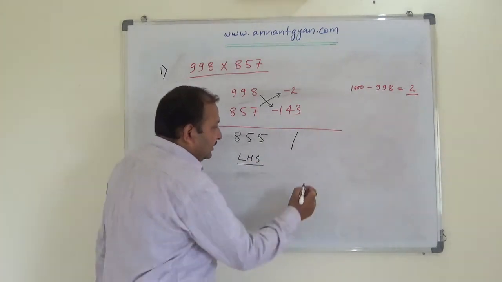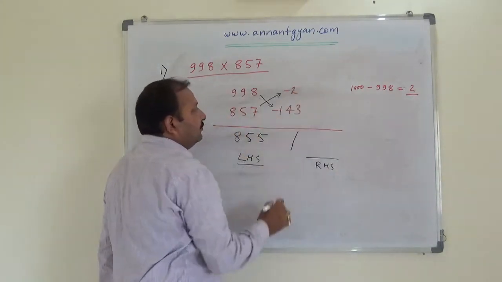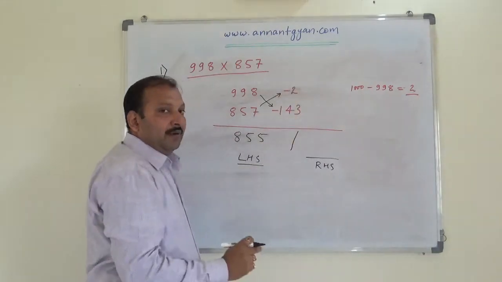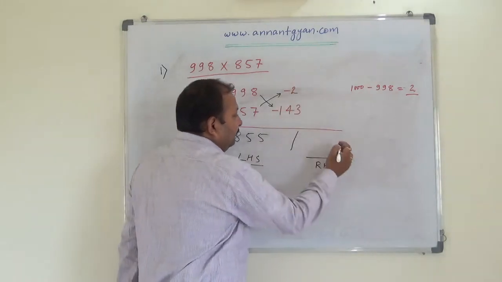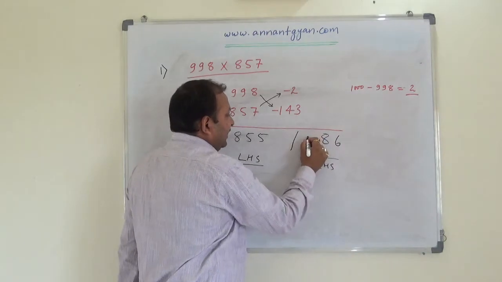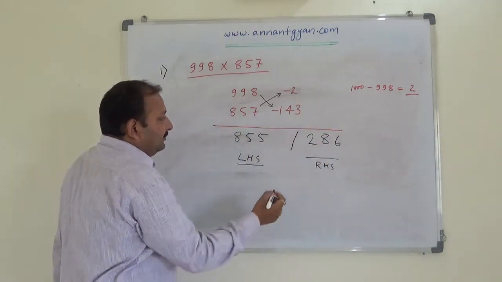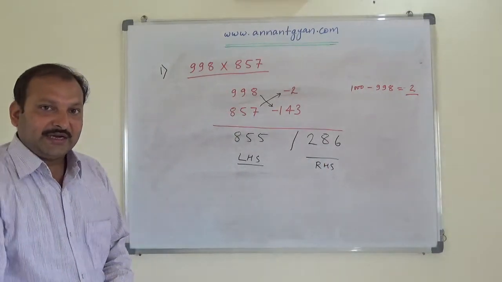And in the RHS, we shall multiply these two numbers together. So the deficit values will be multiplied with each other. So 3 into 2 is 6, 4 into 2 is 8, and 1 into 2 is 2. And minus into minus becomes plus. So finally we shall get 286 on the right hand side of the result.